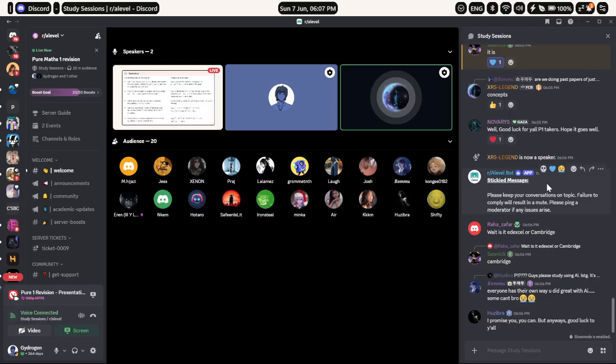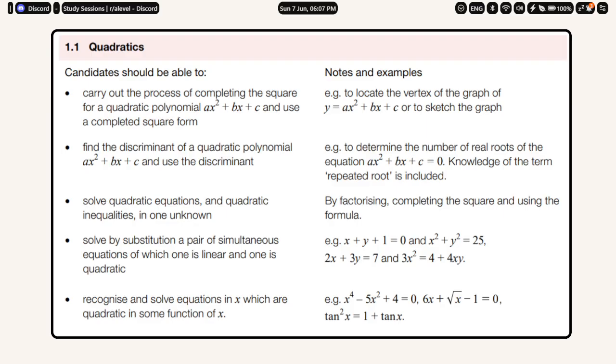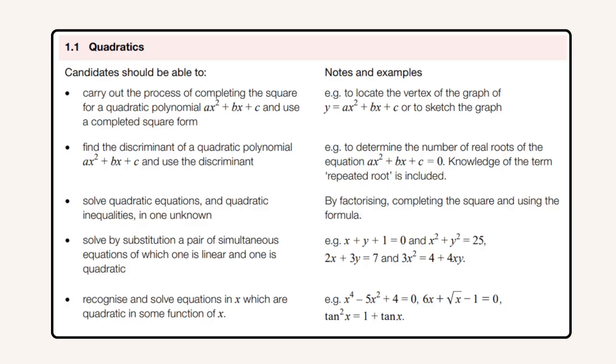So I can give some basic points. If you use the completing the square method to find the minimum point of a curve, you'll get it as x minus a whole squared plus b or minus b, whichever is the case. And your minimum point would basically be a comma b.